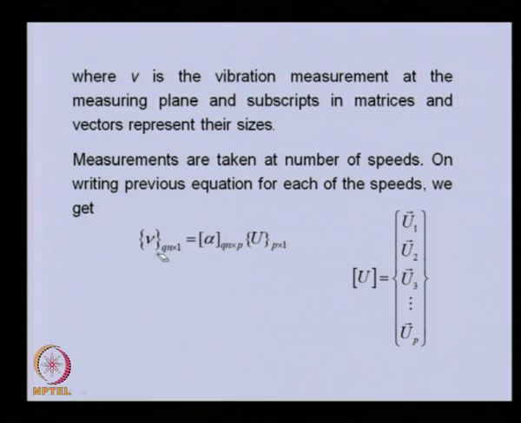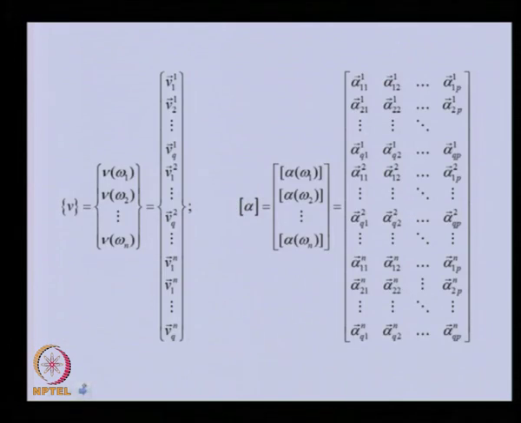So, now this response is not a function of speed. Basically, you can see here this was anyway not a function of speed earlier. The influence coefficient matrix, the size got changed. Now I will be showing the expanded form of this here. So this vector is the displacement vector corresponding to speed 1, and this is at all Q number of measuring planes.